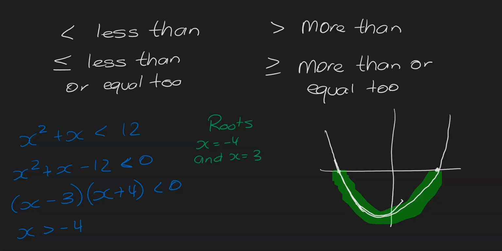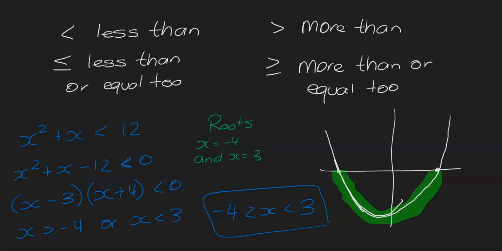And x must be less than positive 3. Since it's continuous, you can rewrite this as x is between negative 4 and 3. These are the range of values where this inequality is true.